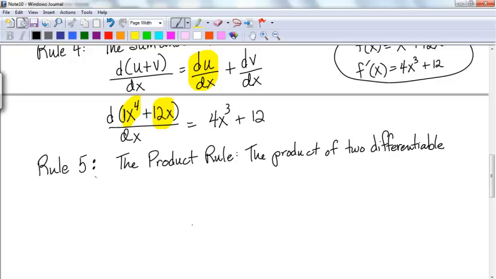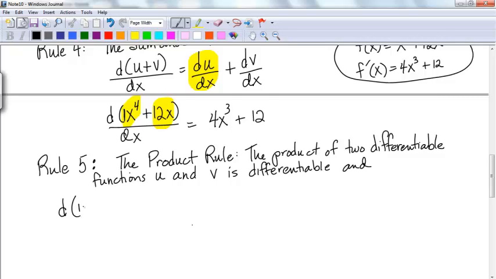The product of 2 differentiable functions, u and v, is differentiable. The product is differentiable. And here's the rule. The derivative of u times v with respect to x.